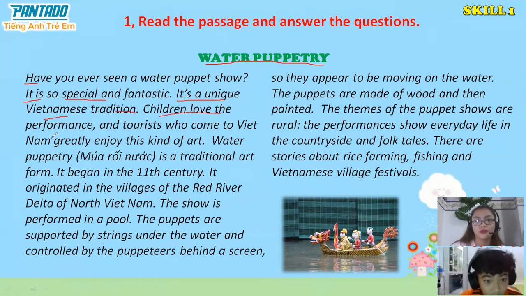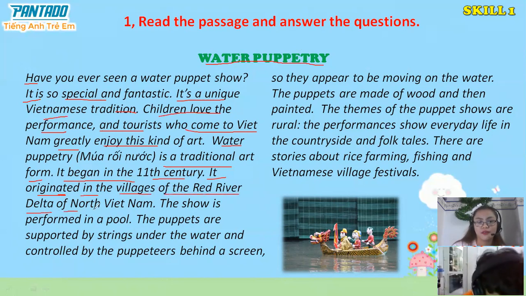Children love the performance and tourists who come to Vietnam greatly enjoy this kind of art. Water puppetry is a traditional art form. It began in the 11th century. It originated in the villages of the Red River Delta of North Vietnam.